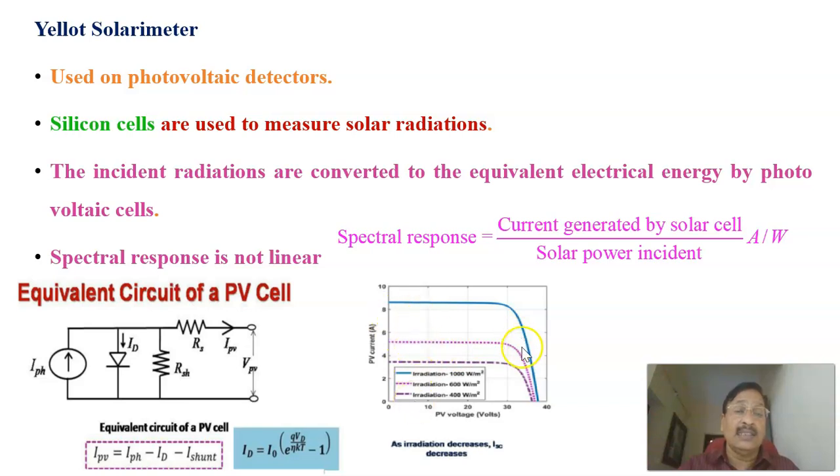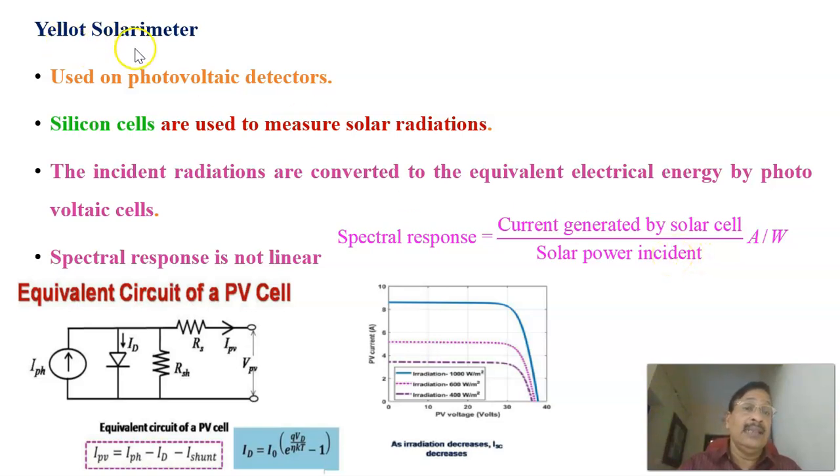This is called the short circuit current, and this is called the open circuit voltage, and the short circuit current changes as the radiation changes, which is, of course, not linear. That is why the spectral response is not linear. In this one, the solar radiation is measured by measuring the solar cell current. Therefore, that current is not linear to the solar radiation incident.